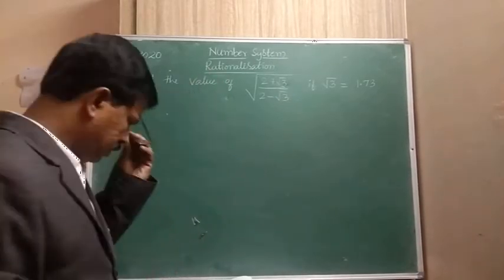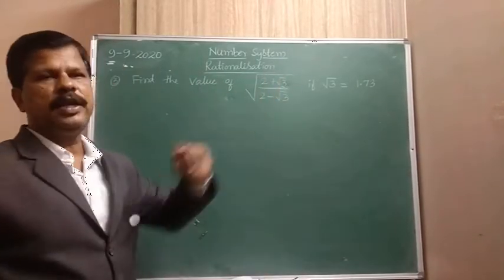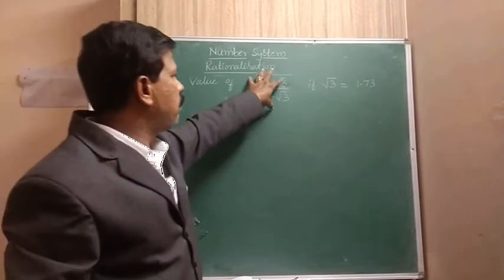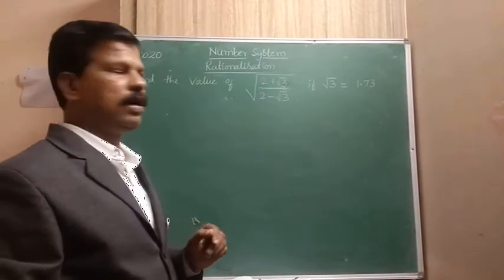So look at this. Root 3 is 1.73. Now we have to find out the value of this. Clear?